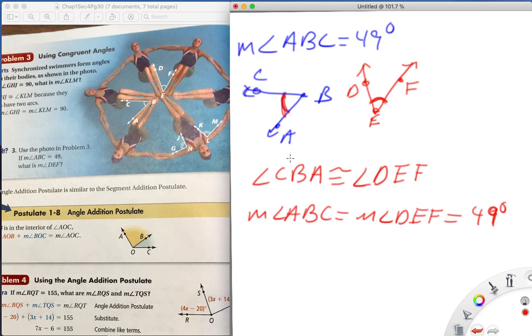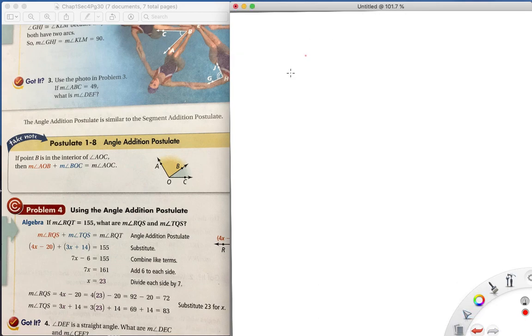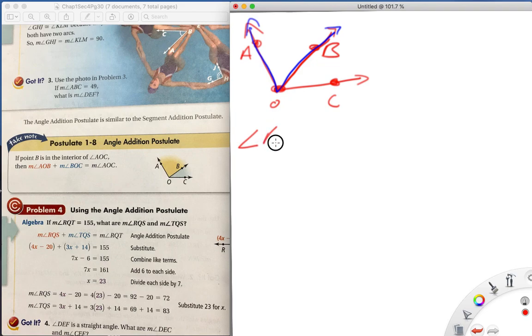Angle addition postulate. What the angle addition postulate says is that if I have two angles that share a common endpoint, and B is in the interior of angle AOC, so I have this angle here, and I have the red angle here, I can say that angle AOC, the big angle, is equal to the sum of the smaller angles.